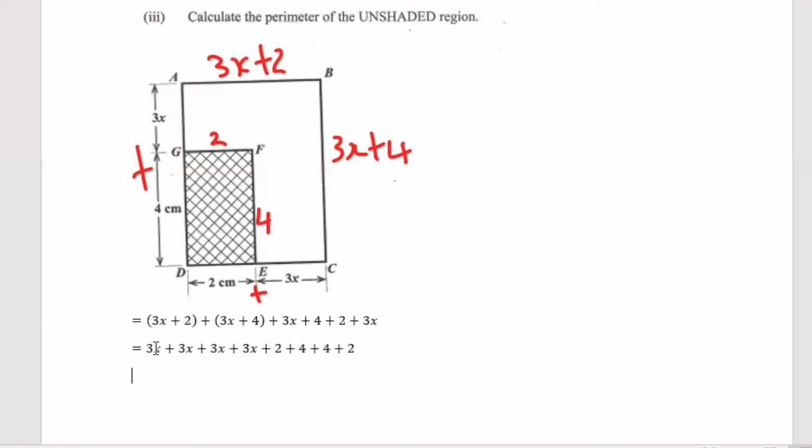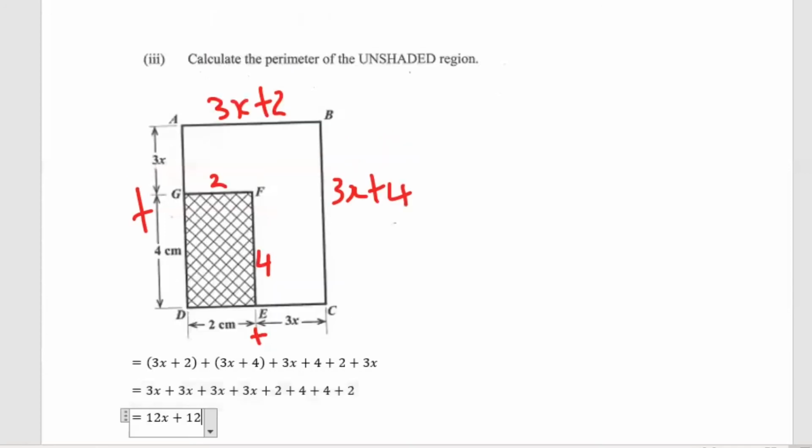So 3x plus 3x, that's 6x, plus 3x, that's 9x, plus 3x, that is 12x, plus 2 plus 4 is 6, plus 4 is 10, plus 2 is 12. So therefore, the perimeter for the unshaded region right here is 12x plus 12.